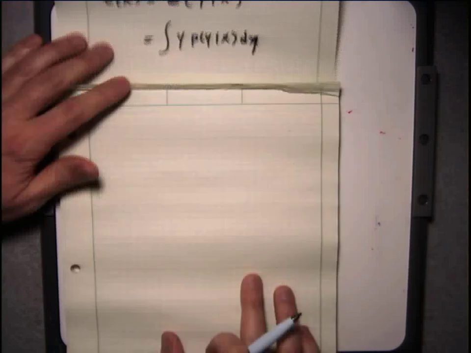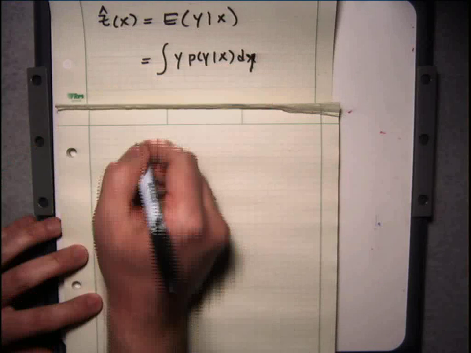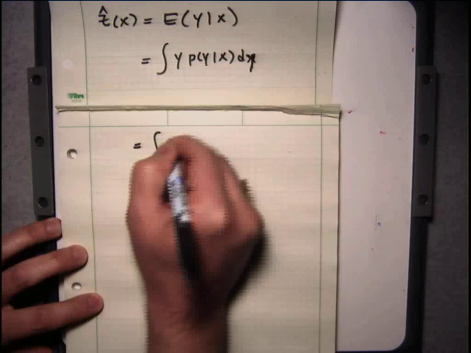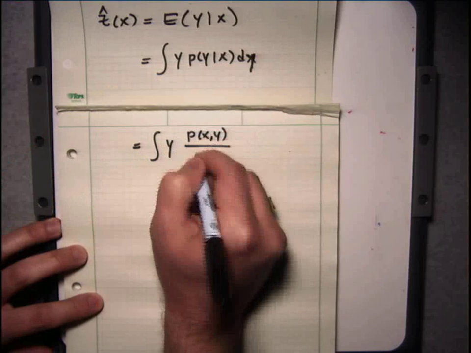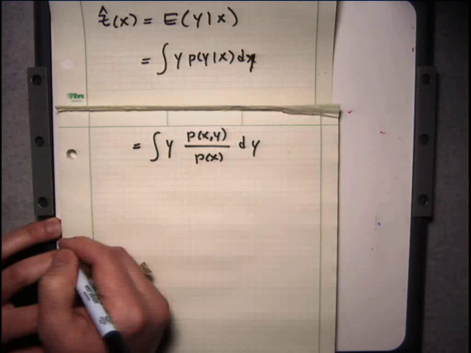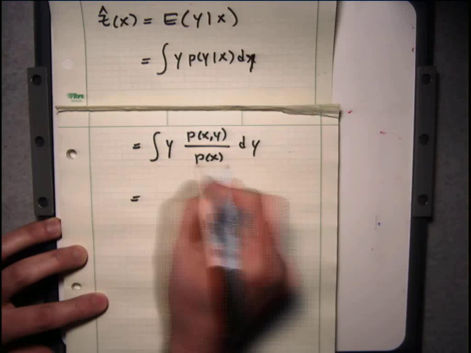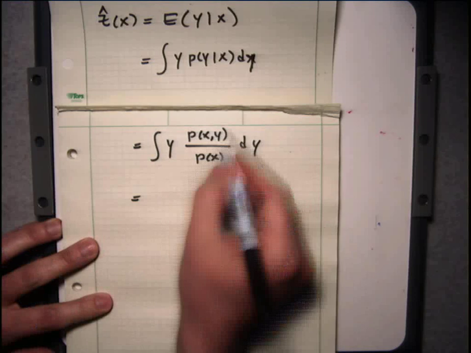And I can rewrite this still in a different way. I can write this as the integral of y times p of x, y, the joint density, divided by p of x, dy. Okay? And p of x is the marginal, which is nothing but the integral of p of x and y over y.